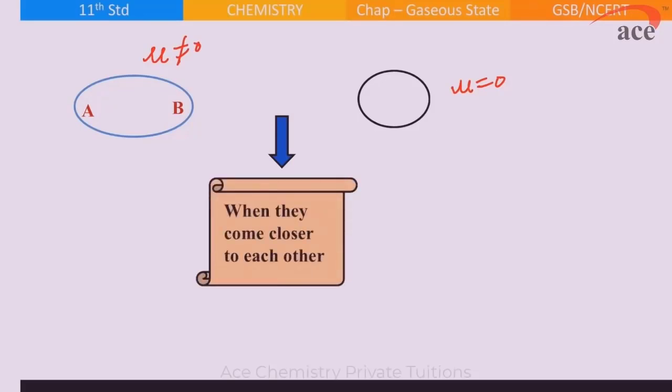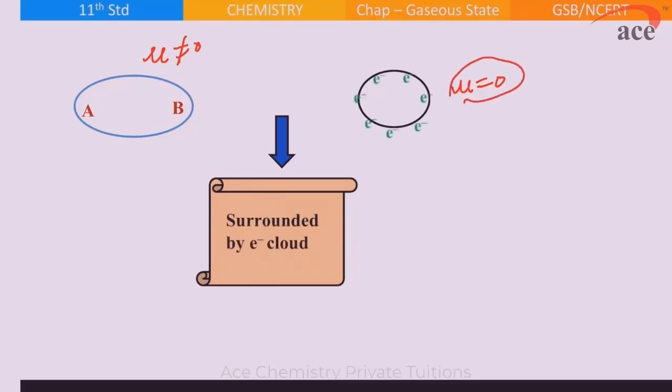So if you try to bring them closer, what do we observe? Obviously this molecule is non-polar, but it will definitely have electrons in it. So when you try to bring them closer, this is partial negative and this is partial positive.